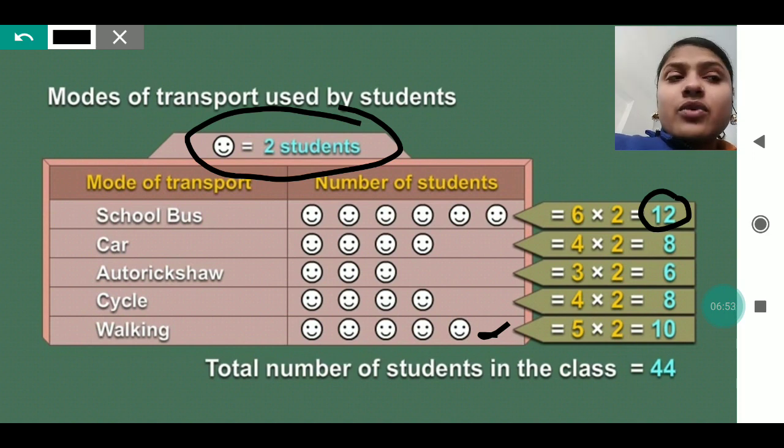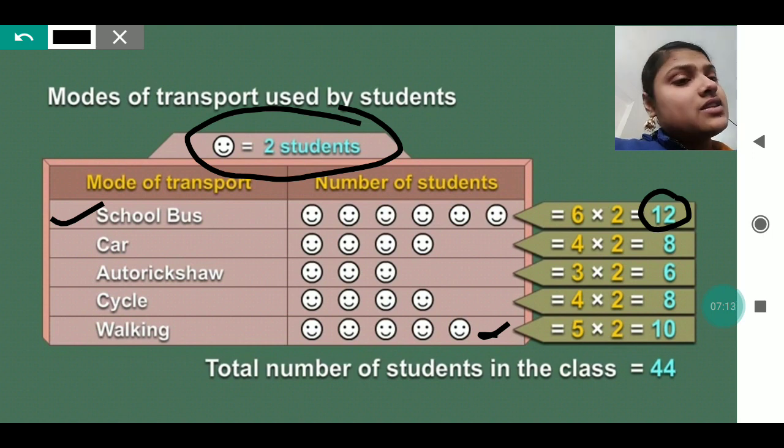So what is the total number of students using these modes of transport? That is 44. Which is the maximum vehicle being used by the students? That is the school bus, means the number of students is more on the school bus.